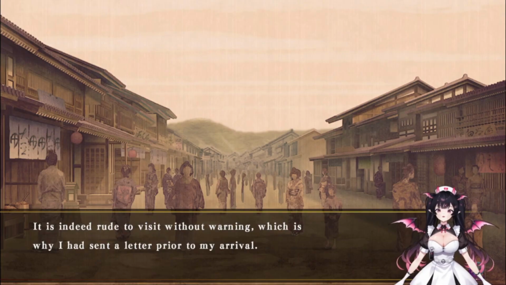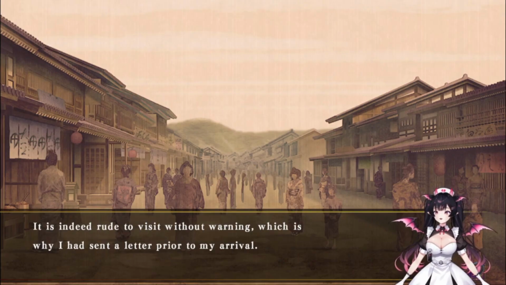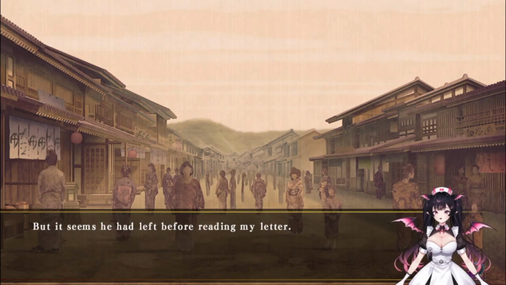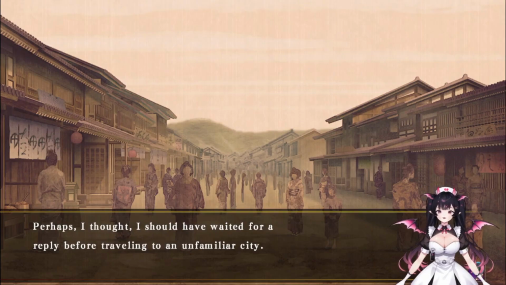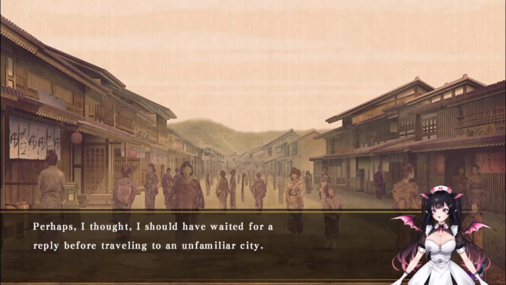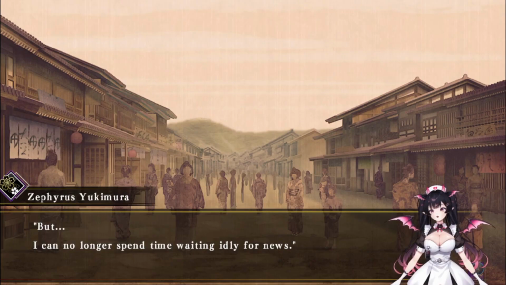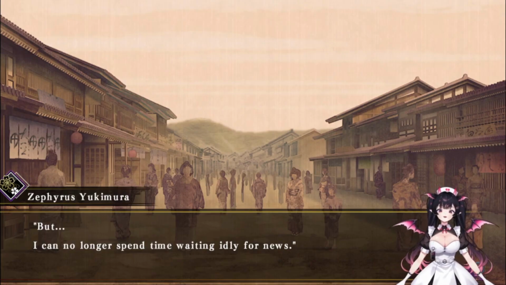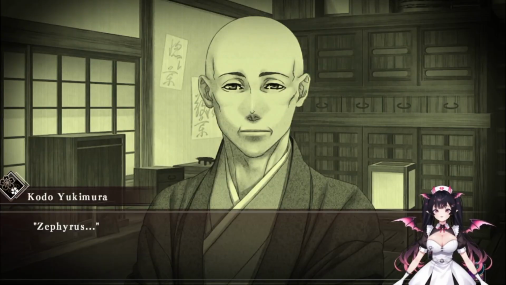It is indeed rude to visit without warning, which is why I had sent a letter prior to my arrival. But it seems he had left before reading my letter. Aww. Perhaps I should have waited for a reply before traveling to an unfamiliar city. Really? Oh, no crap. But I can no longer spend time waiting idly for news.